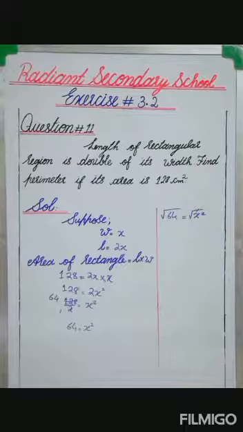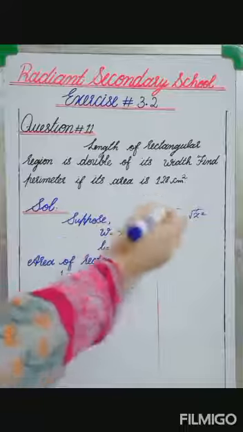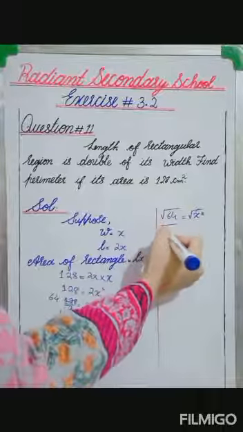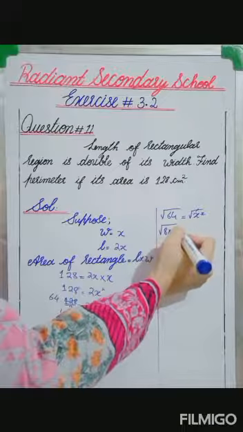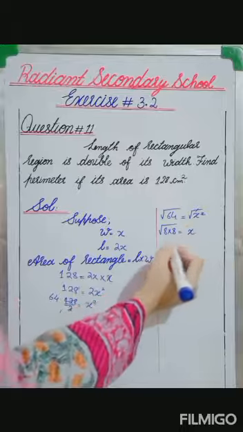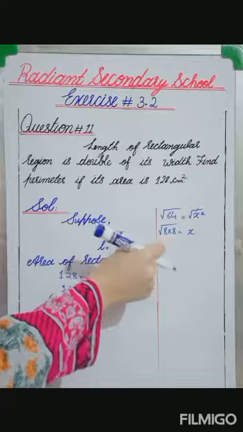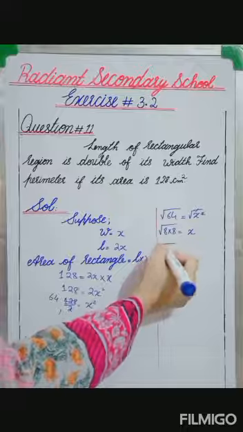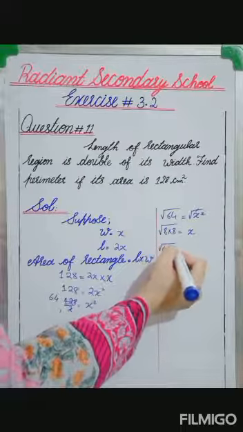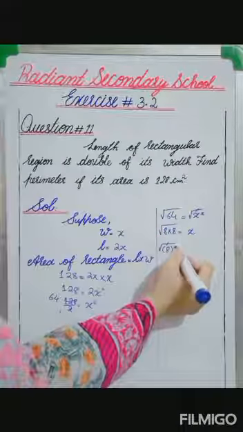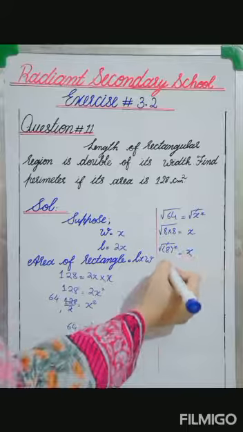Now what value, when we multiply it with itself, is equal to 64? Yes, it's 8, because 8 multiplied by 8 gives 64. Now you can see 8 is being multiplied by itself 2 times, so I will write 8 square. This square and this square root sign will be cancelled.